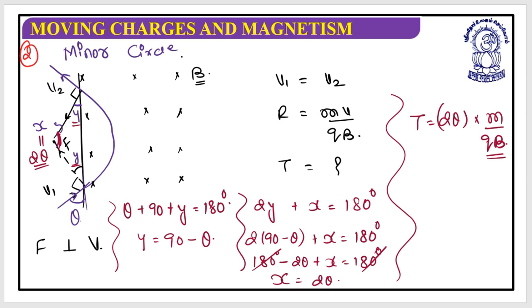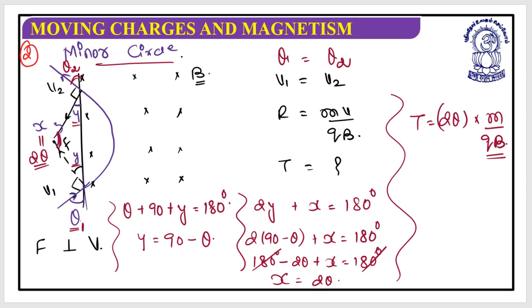The velocities v1 and v2 would be the same. If this angle is theta 1 and this is theta 2, they must be the same. Theta 1 equals theta 2, v1 equals v2. This is the minor circle, meaning a very little part of a circle is within the magnetic field.